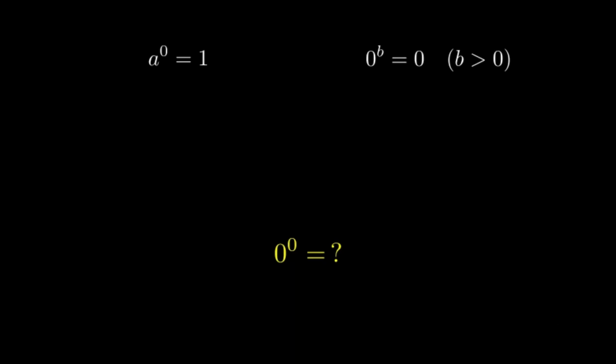This conflict between two equally valid mathematical rules illustrates why 0 to the power of 0 requires special consideration. It's not merely about choosing a convention, but understanding the deeper mathematical reasoning behind why one answer might be preferable to another in different contexts.